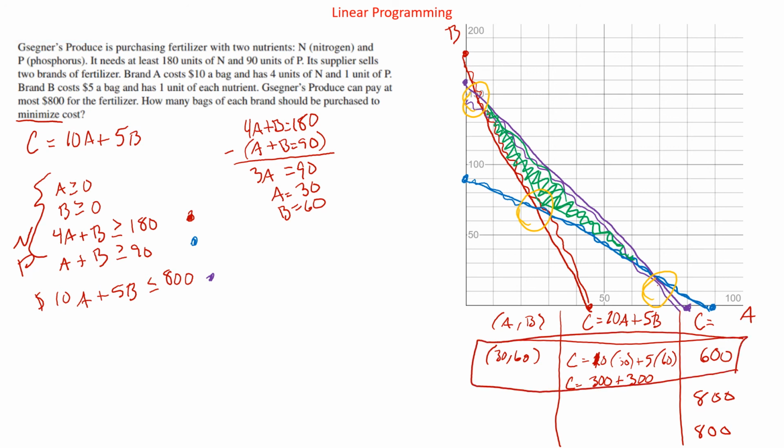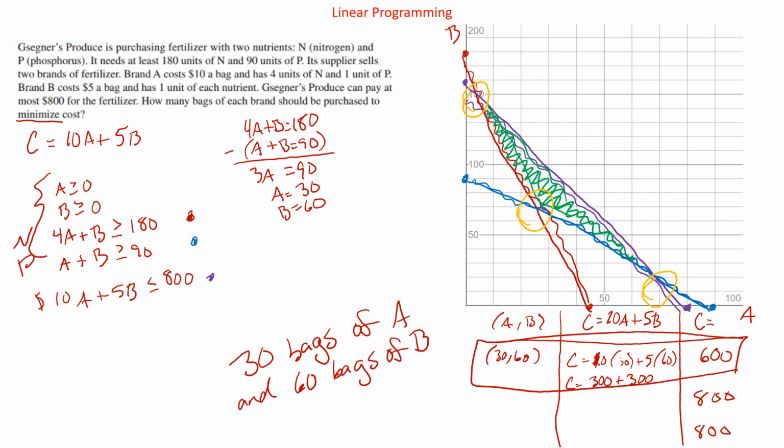So that will minimize. So we need 30 bags of A and 60 bags of B. So that is the idea behind linear programming.